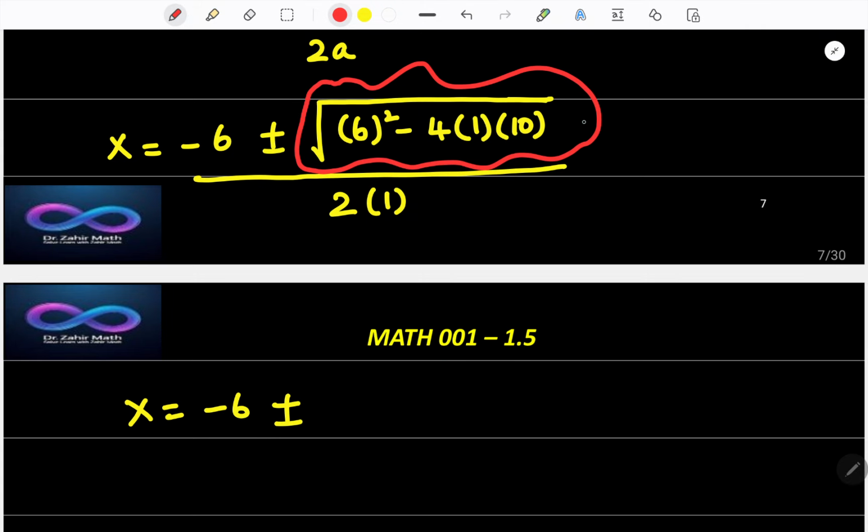When I put this in the calculator, I will get just 2i.